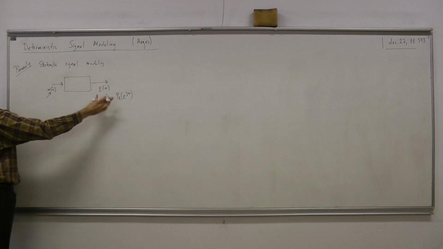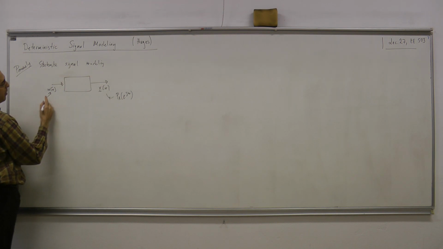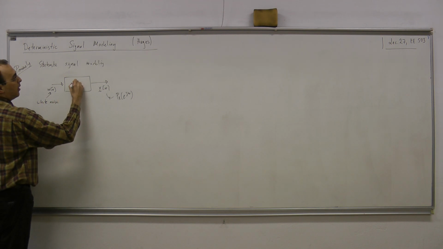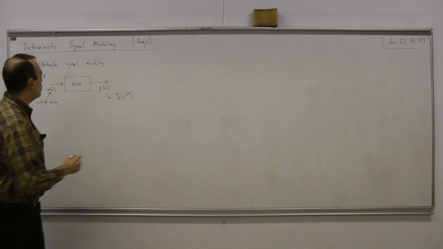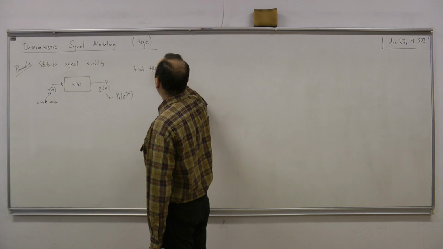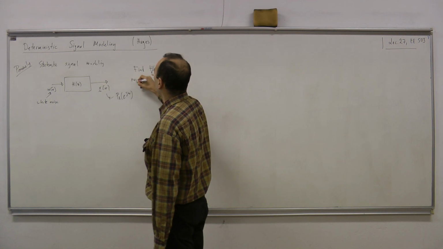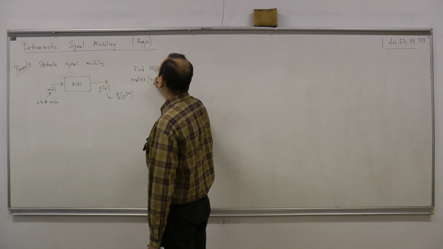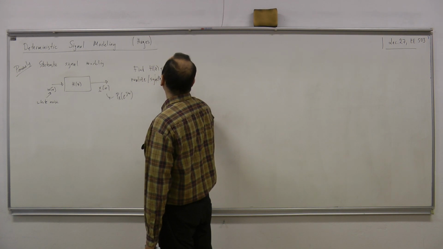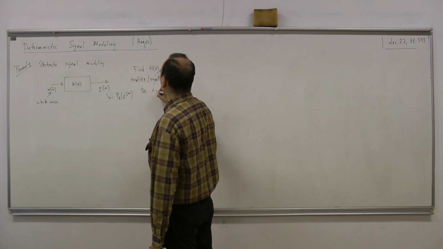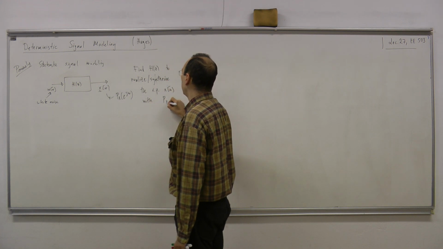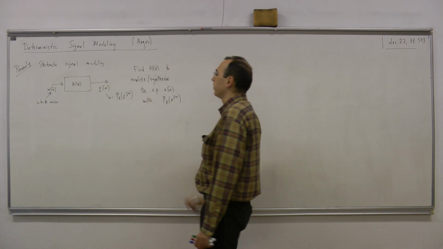So stochastic signal modeling. I'm trying to model this process by, as you see, a white noise input and an LTI filter. Now the question is, what is this H(z)? Find H(z) to realize or synthesize the random process x(n) with power spectral density P_x(e^{jω}).